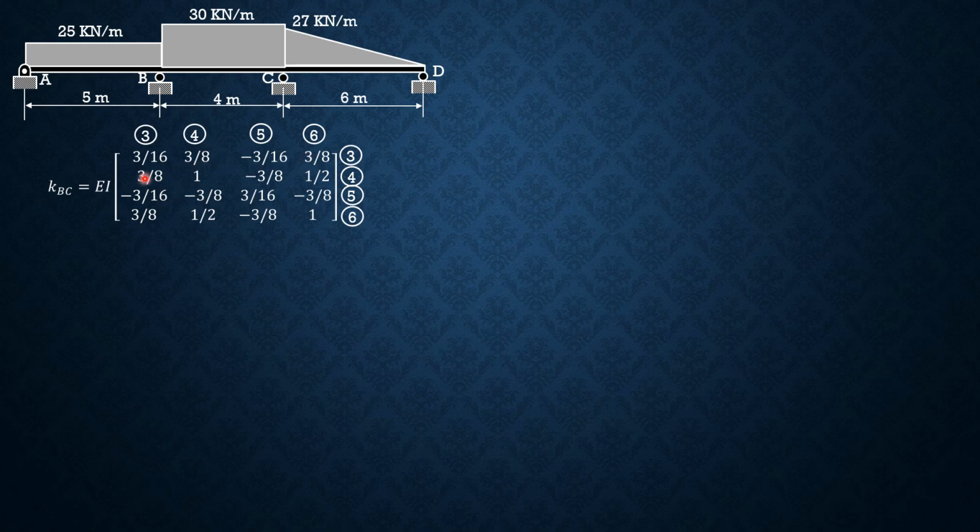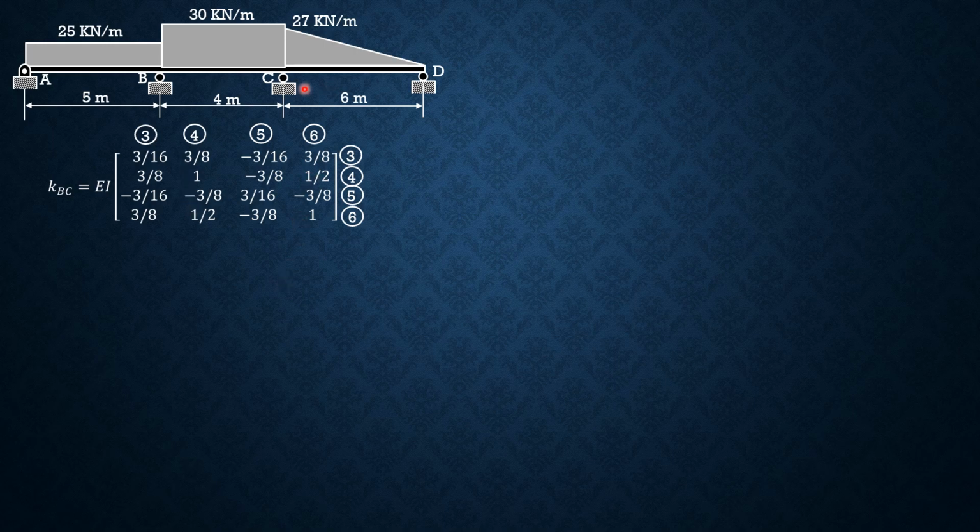Then 6 EI over 4 squared, 3/8. 4 times 1 over 4 is 1. Then this is the negative of that entry, then this is half of the second row entry. Then this is the negative of the first row, just like before. Then this is the second row with the second and fourth entries interchanged.